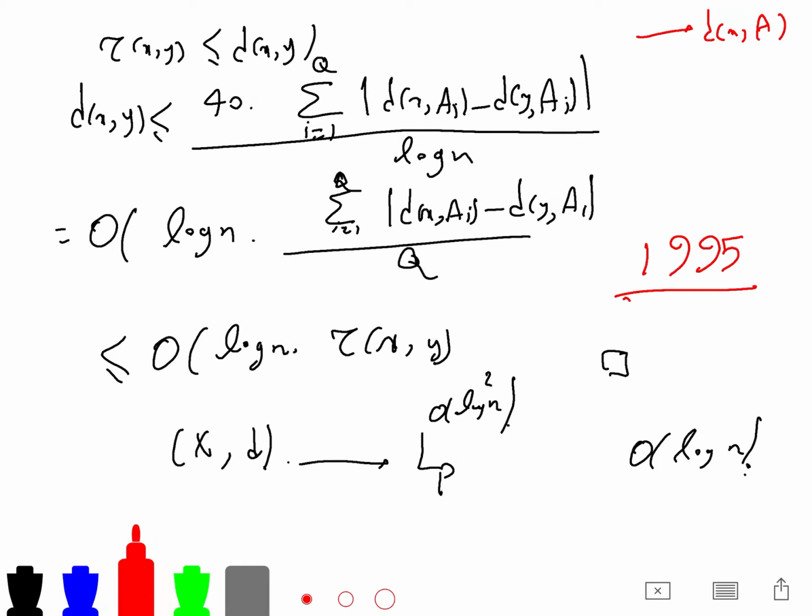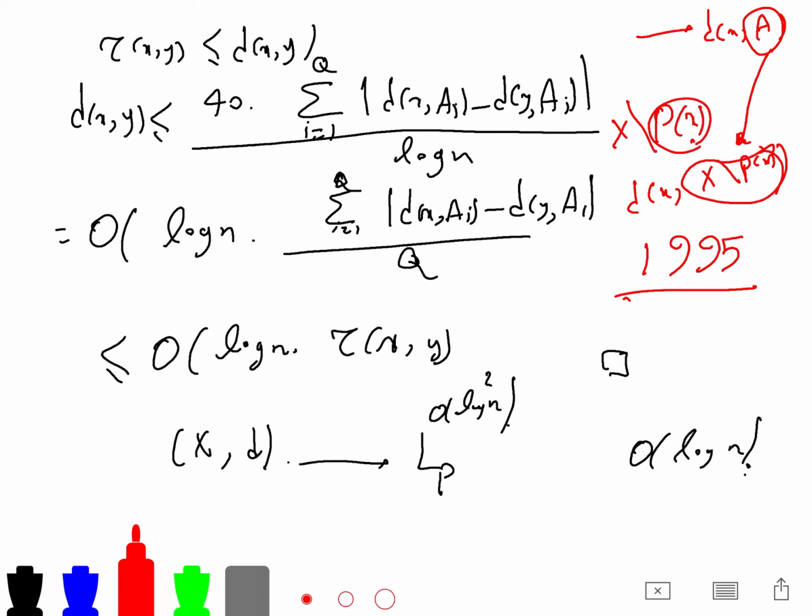It can be the P of x excluding P of x. So the distance between x and x excluding P of x. So now A is just this one. And P of x is a hierarchical partition that I will explain in the next 2 lectures.